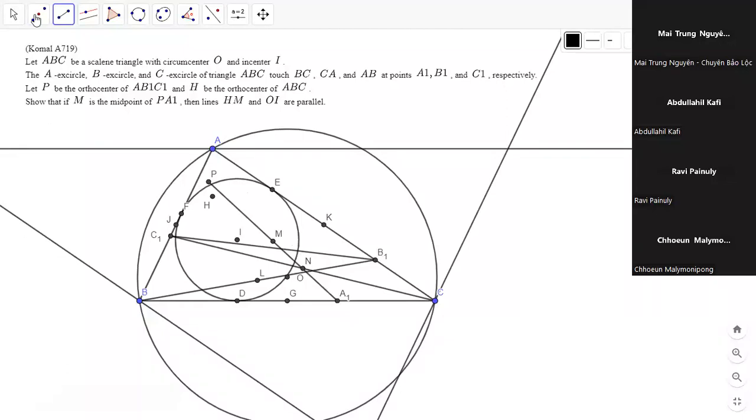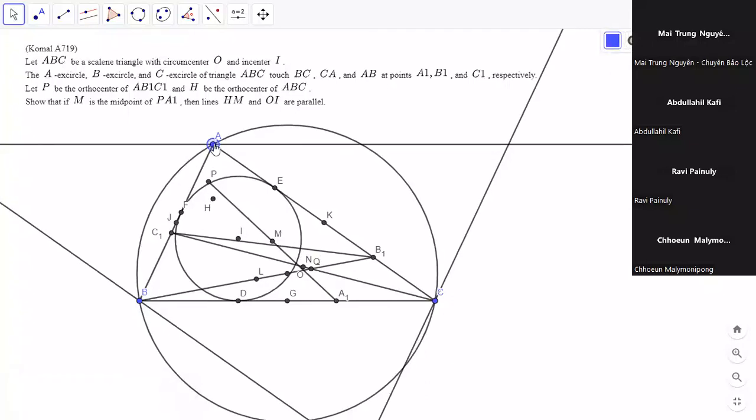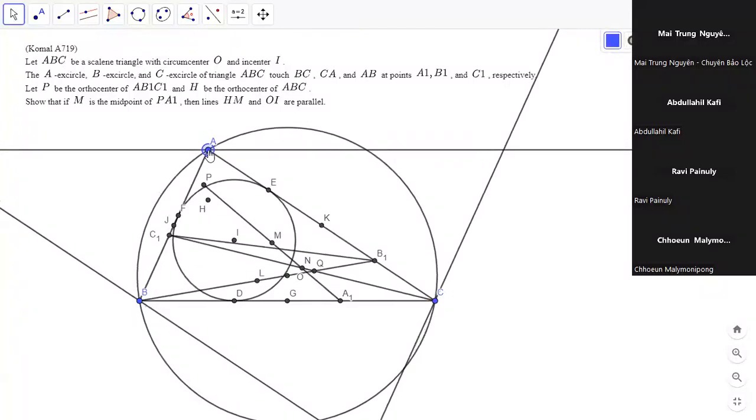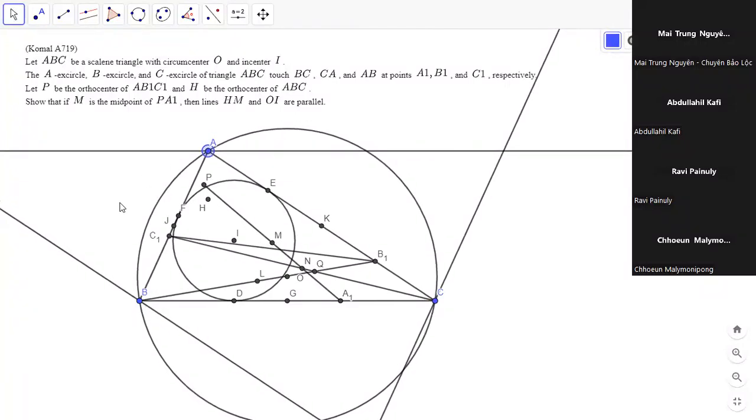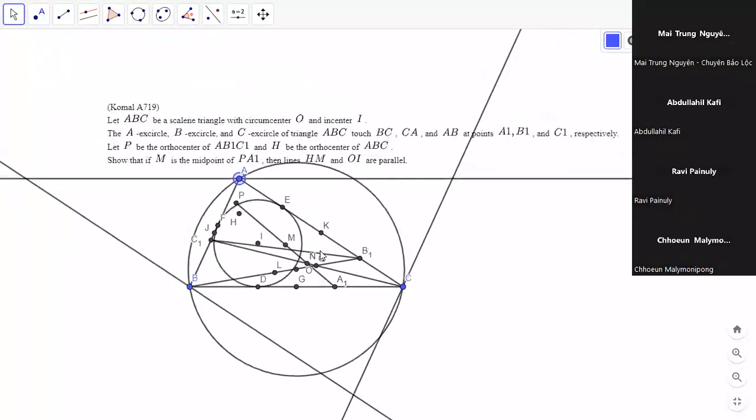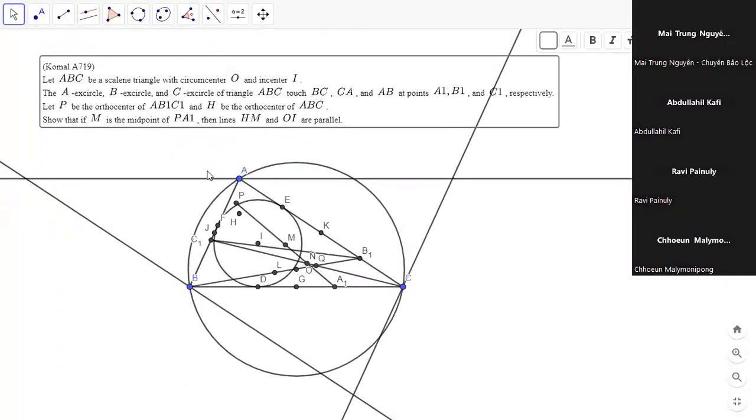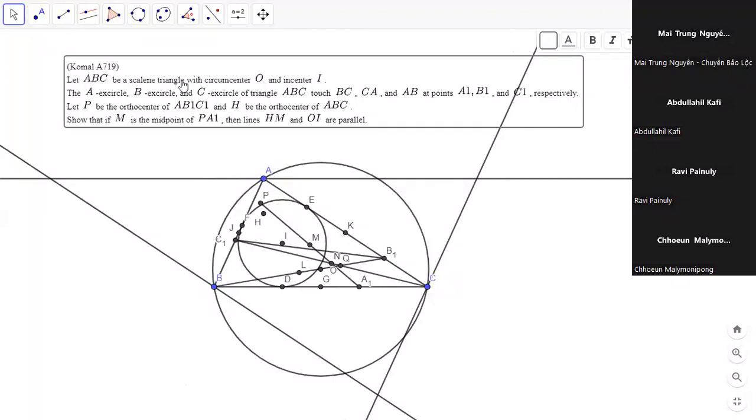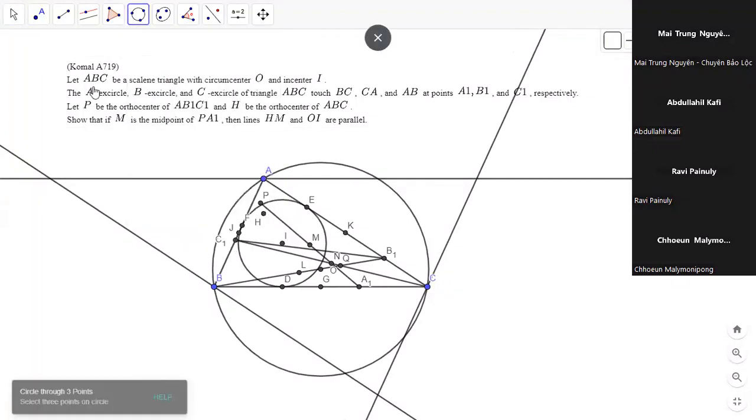Okay, hold on one second. So this is the Nagel point, I think is how you pronounce it. Q would be the Nagel point. And we draw the circumcenter of that triangle. Okay.